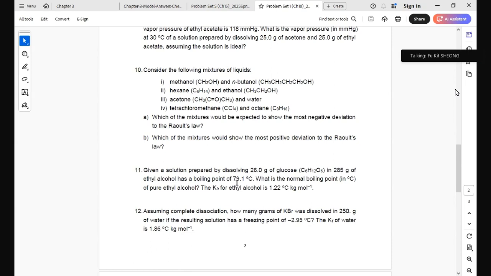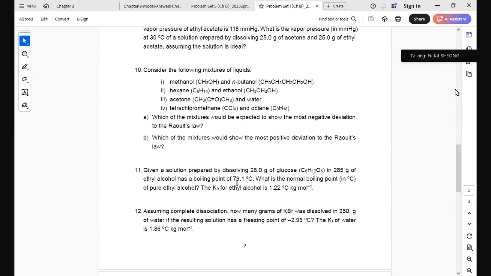And for the most positive deviation, you should choose the pair that is most incompatible. The most incompatible one is hexane and ethanol, because one is non-polar and the other is polar. Let's examine all three cases. The first one is methanol and butanol.